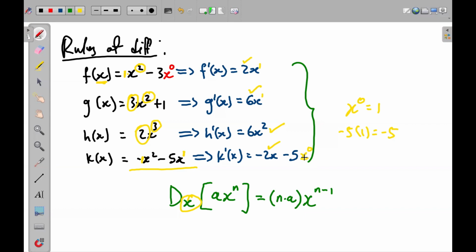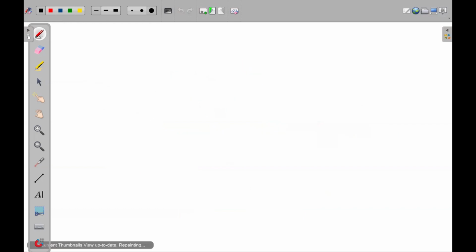Now, what I'm going to do, because this is very, very important, guys, I'm going to give you a few expressions to play with. I'm going to ask that you find the derivative. And the reason I'm doing this is because I want to show you the different ways in which you can be asked to find the derivative. Okay, so pay attention to these different ways.